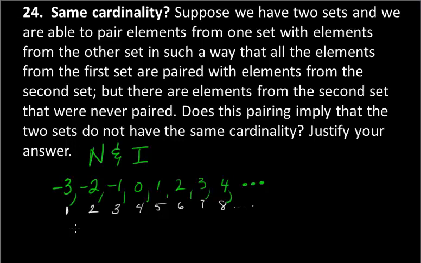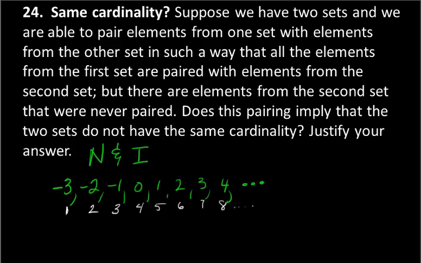Whenever you list an infinite set, you create, in doing so, a natural one-to-one correspondence with the natural numbers. So we see here that all of the natural numbers are paired with one integer, but there are integers that are left out of this pairing.